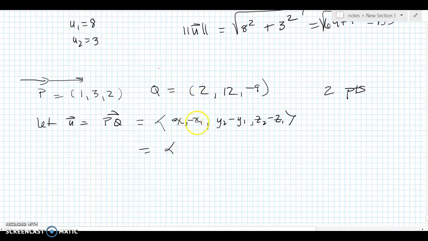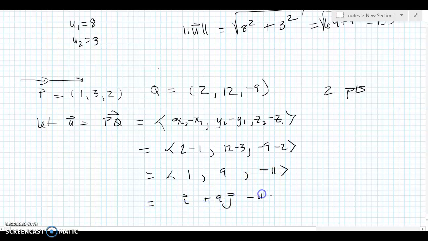So we would write 2 minus 1, 12 minus 3, and minus 9 minus 2, and that would give me 1, 9, minus 11, and I'm just going to write it the other way. This would be i plus 9j minus 11k. Right.